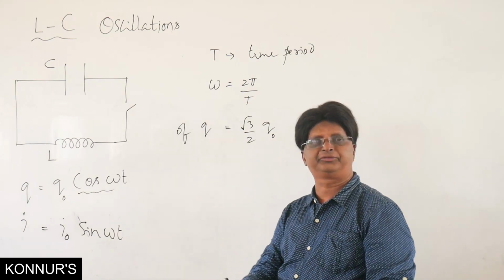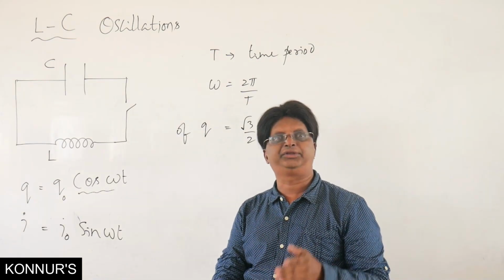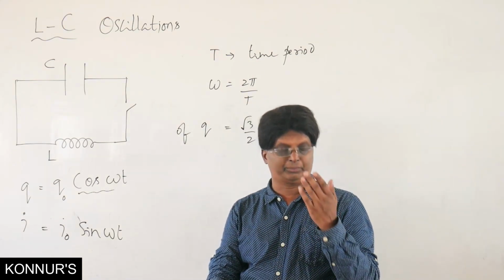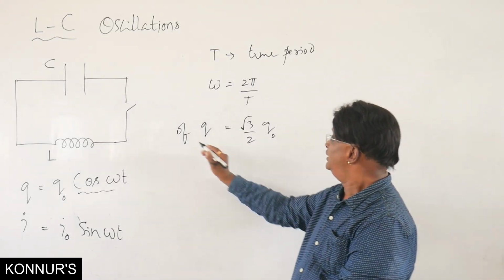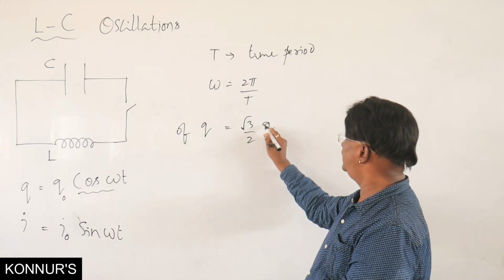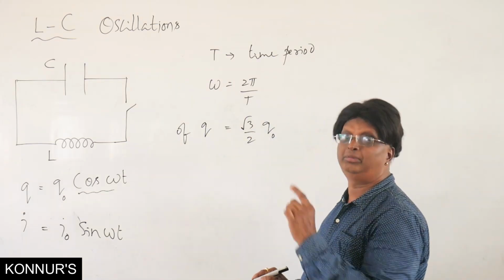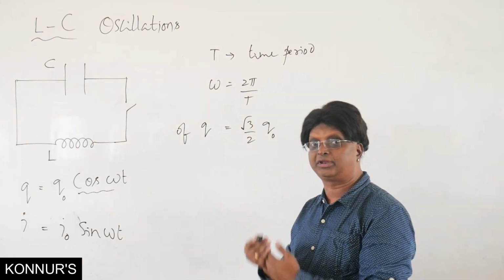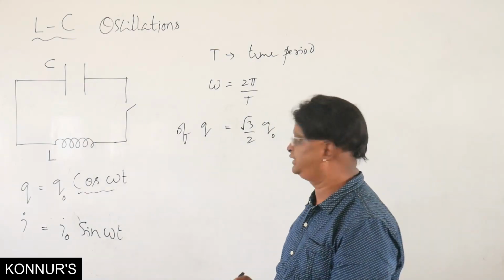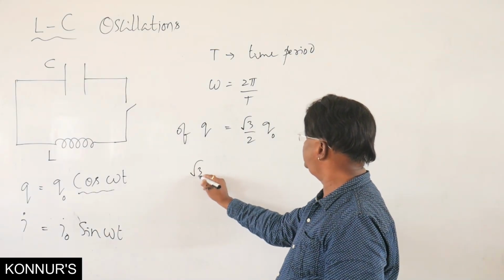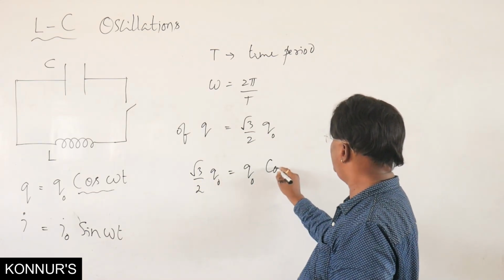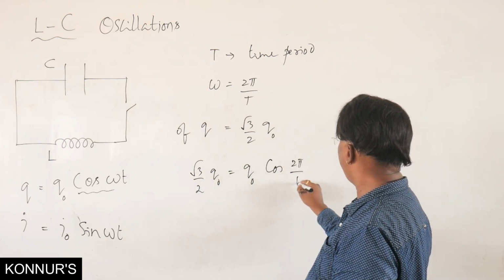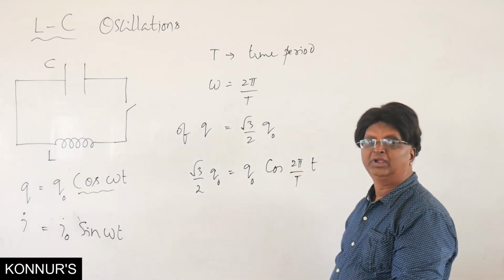Why these specific values? Because generally for charge and current, these are the regular numericals that we observe. For Q is equal to root 3 by 2 Q naught, I will make one substitution, and for the remaining things, I will just take the result. Root 3 by 2 Q naught is Q naught times cos of omega t, with omega 2 pi by capital T into small t.